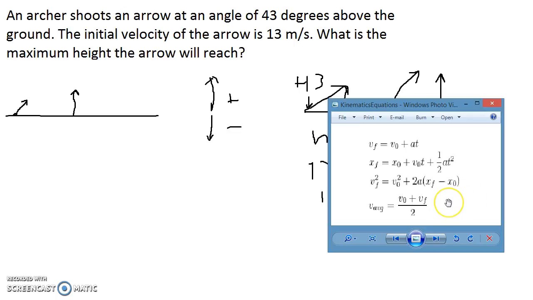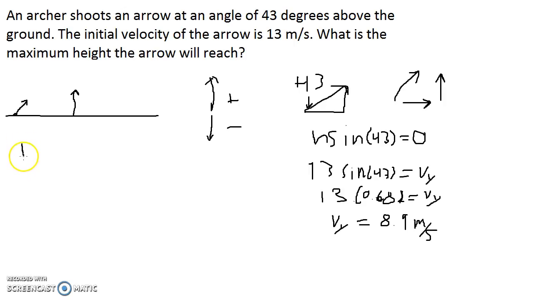This one sticks out to me more, because we know the final velocity, the initial velocity, and the acceleration. The difference xf minus x naught, or we could change that to yf minus y naught, is going to give us the distance between the starting y position and the ending y position. So this is one that I would use to solve this problem.